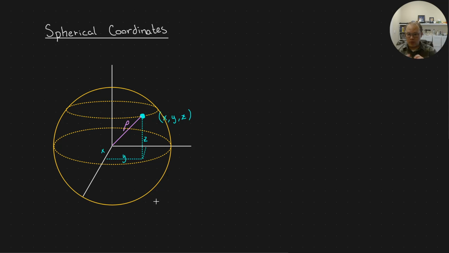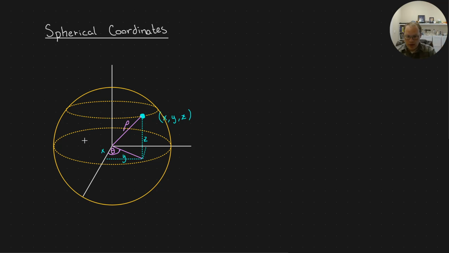And because we're in 3 dimensions, we're going to need two angles to describe this point, okay? So we're going to use the same polar angle that we had before, the theta, but we're also going to use an angle that tells us what angle up or down we're looking.